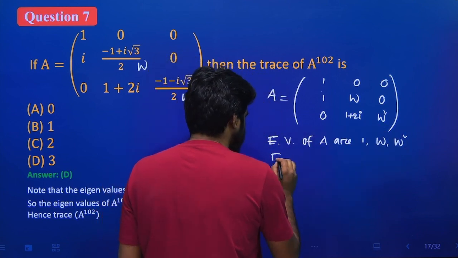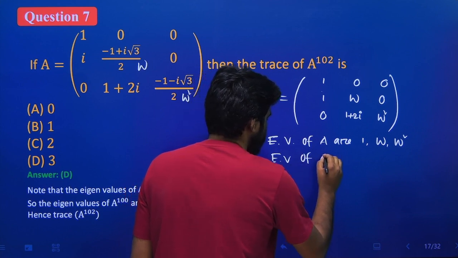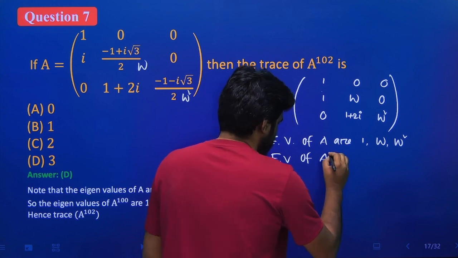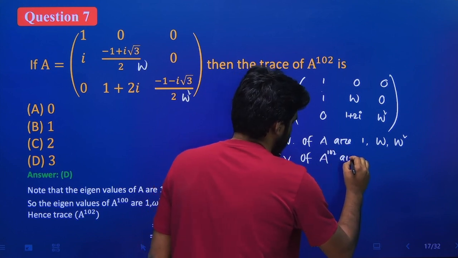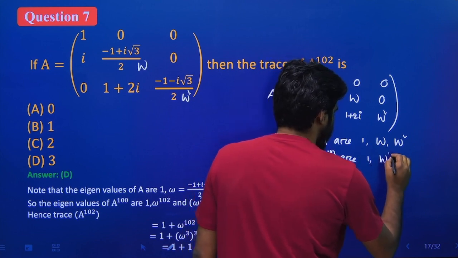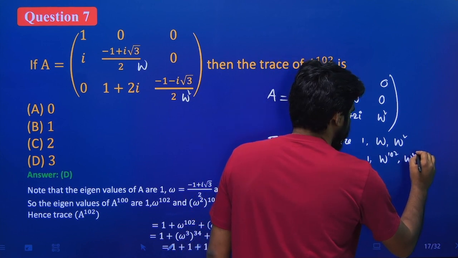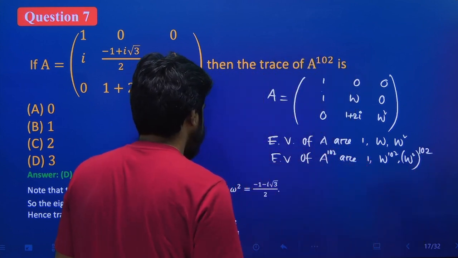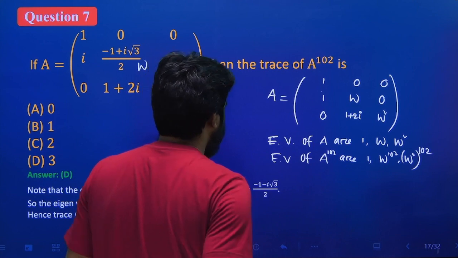So the eigenvalues of A to the power 102 are 1 to the power 102, that is 1, omega to the power 102, omega square to the power 102, right? Okay, we know that omega cube is equal to 1.